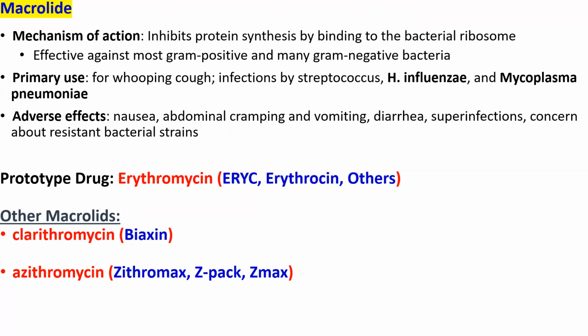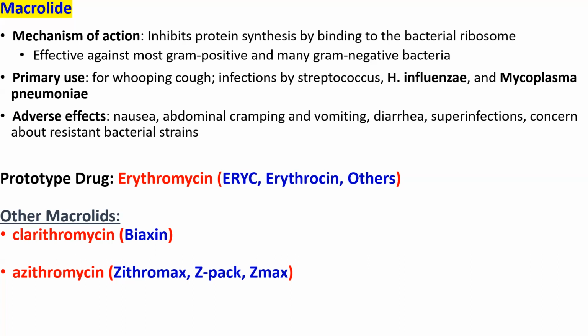Erythromycin is the prototype drug for the macrolide group. Other macrolides include clarithromycin, lacbioxin, and azithromycin, which is very effective for pneumonia or respiratory tract infections.